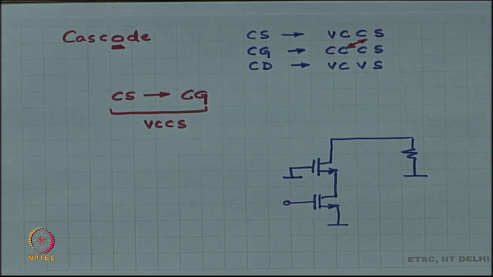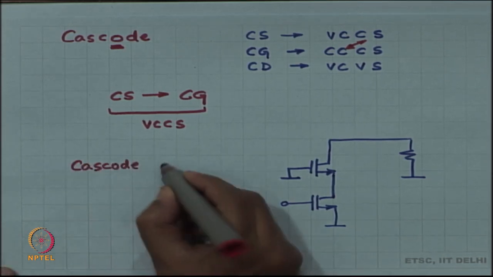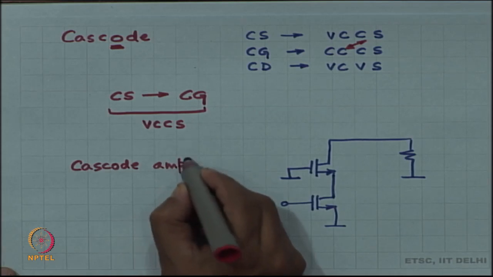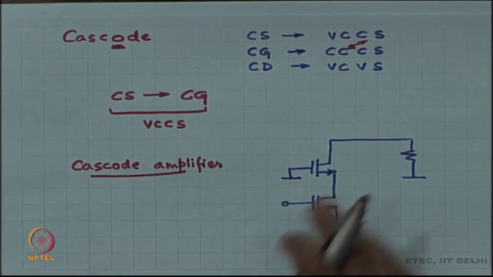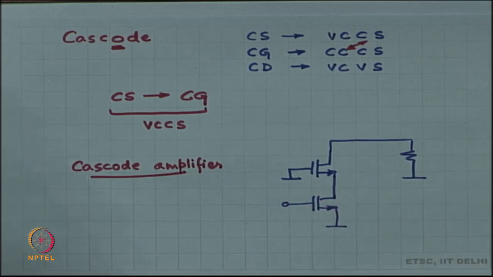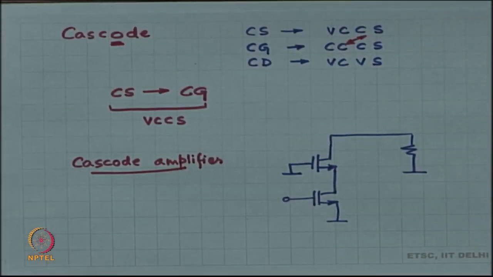So, this is going to be our next topic, the cascode amplifier. Now, this may or may not solve the earlier problem with RD. In fact, it is most probably not going to solve this problem of RD at all.